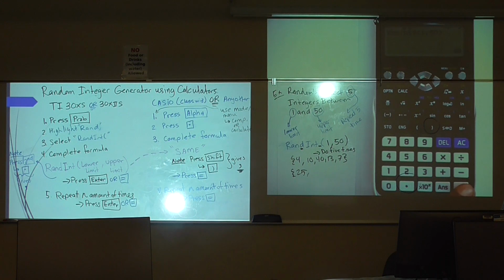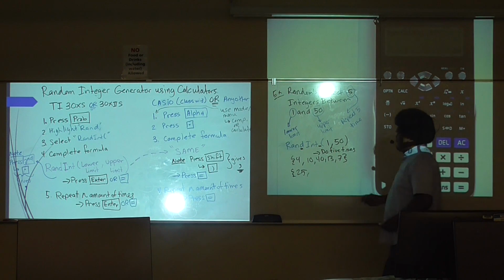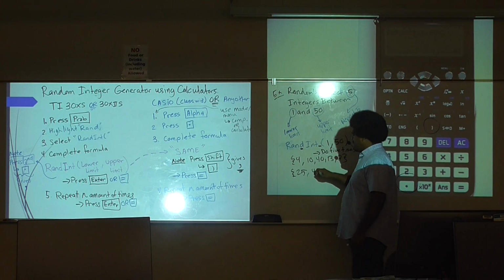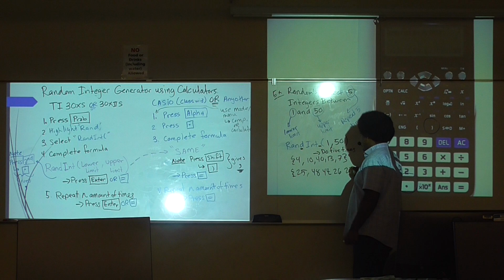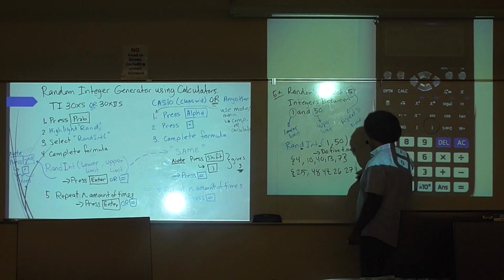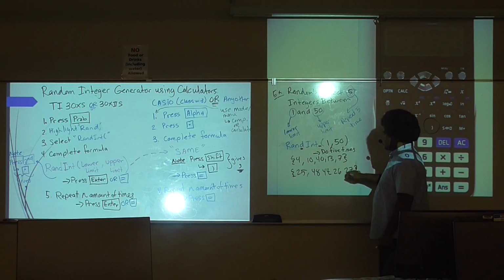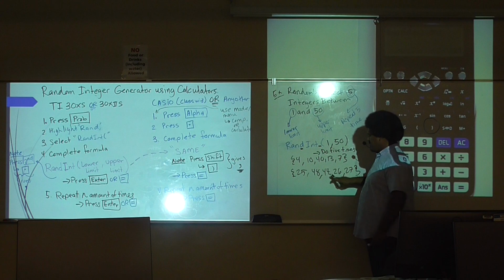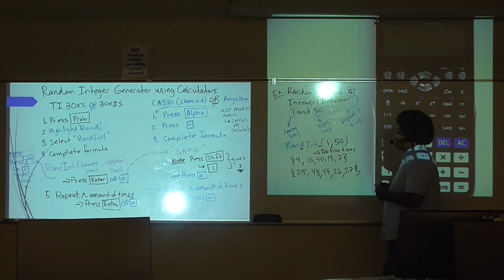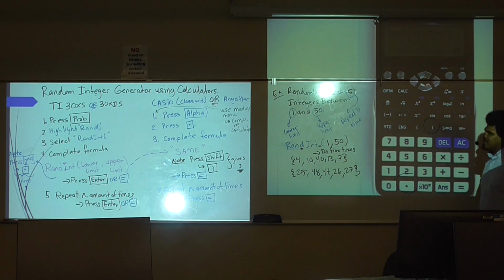So therefore we have 48, followed by 44, 26, and 27. So 48, 44, 26, 27. And that is our random selection of 5 integers, which we'll be using for selecting random samples.